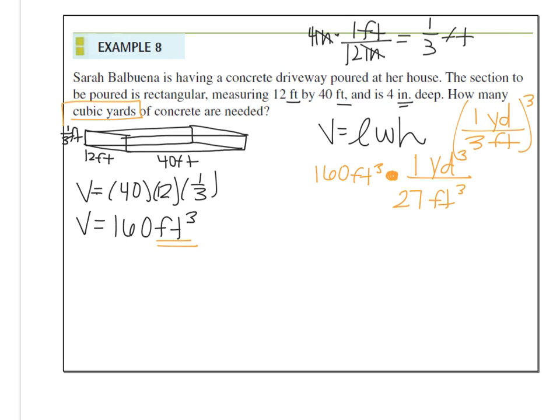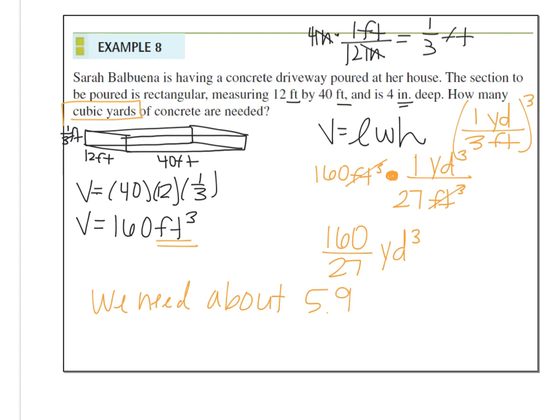Just like with numbers, you cube everything inside of that. So my feet cubed cancel, and I'm left with 160 over 27 yards cubed. If we plug that in, nothing can reduce it, so we see that we need about 5.926 cubic yards.